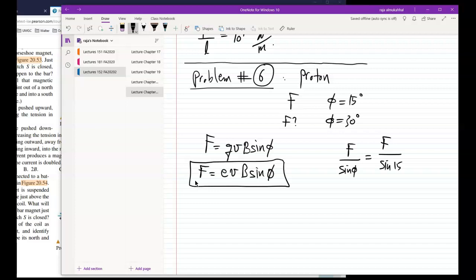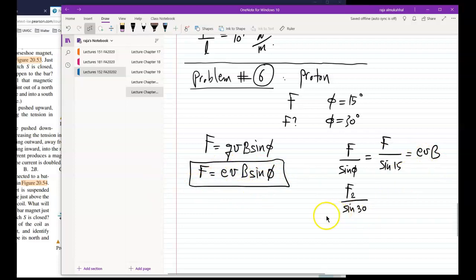For the other one, let me call it F2 over sine 30. Now remember, go back to this one. F over sine 15 is equal to what? Is EVB. Is that right? Remember, I took this sine and moved it to the other side, so what's left is EVB.